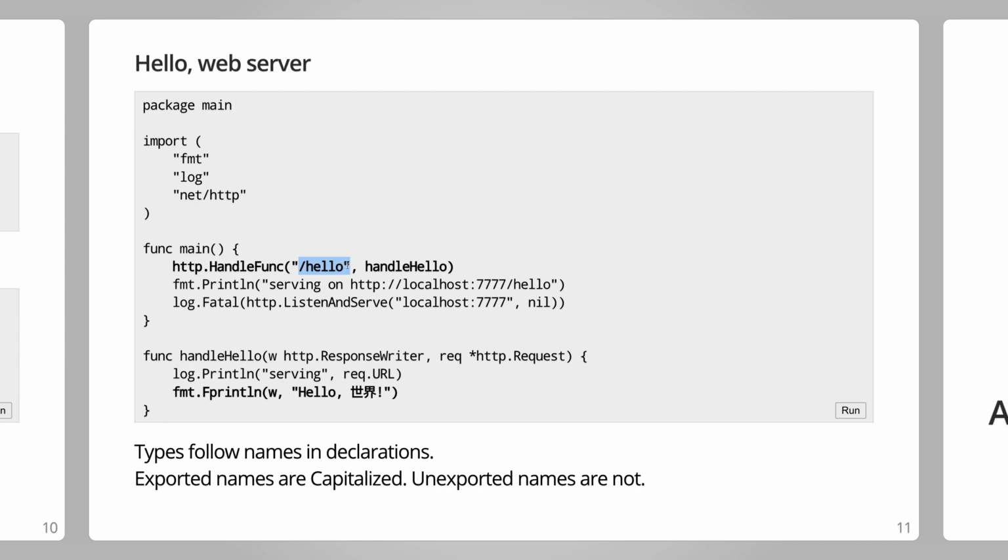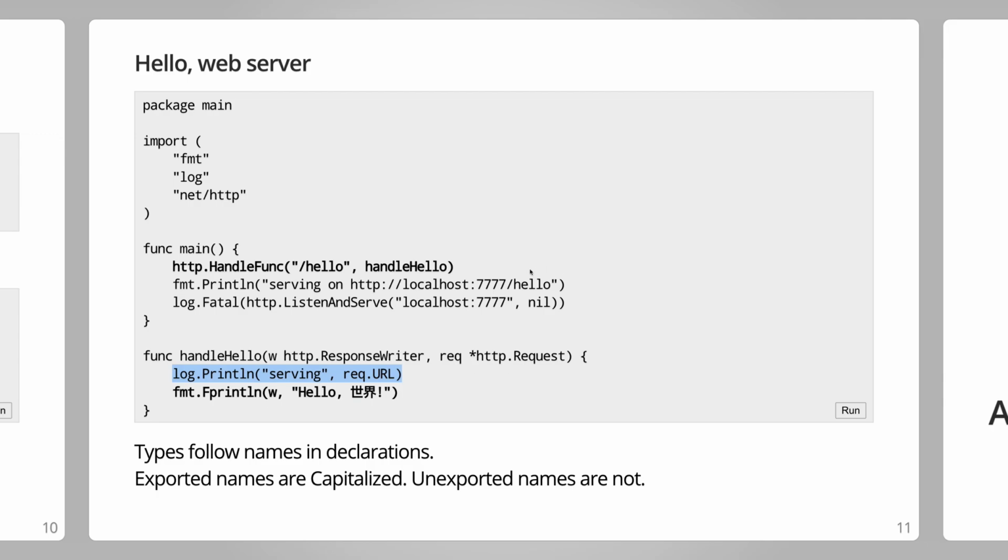And this hello func then takes an HTTP request that you'll probably learn more about in a web programming course. It takes this request, it looks up the URL in the request and prints out that it's serving this particular URL, so it prints this on the server side.